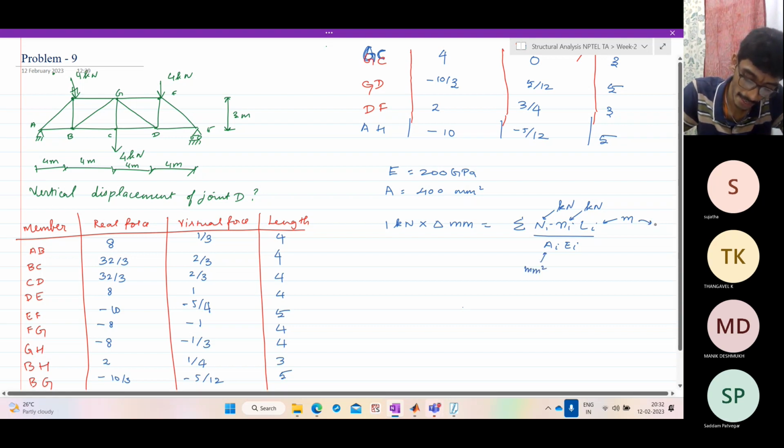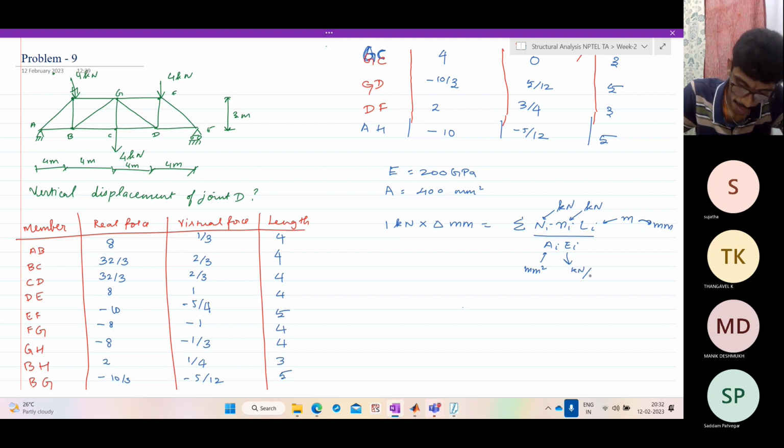So let us convert this meters to mm, and this E is in kilonewtons per mm square. So this is fine. So kilonewton, kilonewton, kilonewton, kilonewton. So we just have to multiply by 1000. So that will do the job.